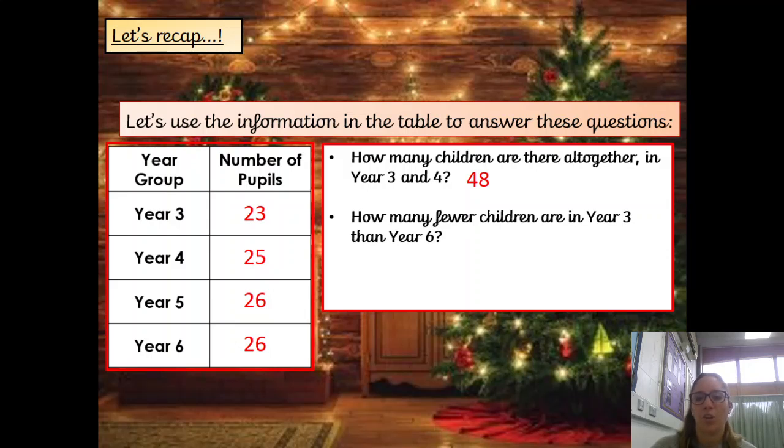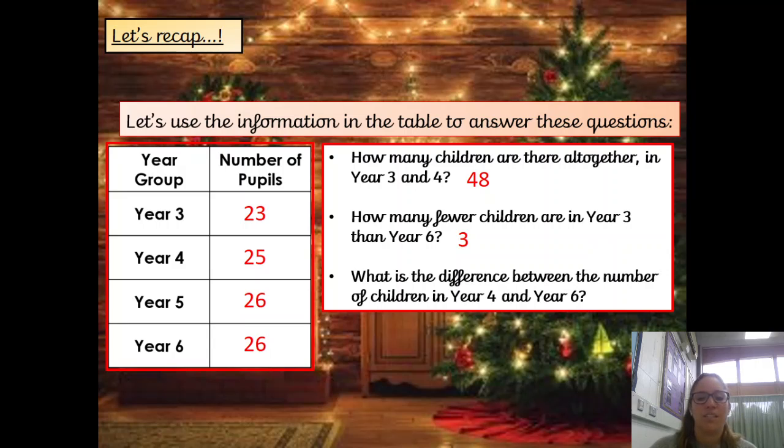How many fewer children are in Year 3 than Year 6? We know there's 26 in Year 6 and 23 in Year 3. There are 3 children fewer in Year 3. So there's 3 less children.